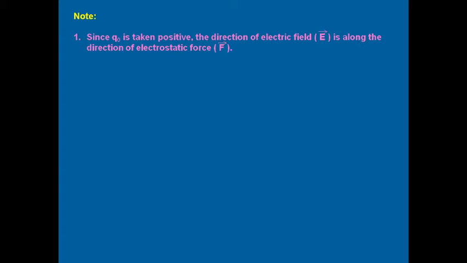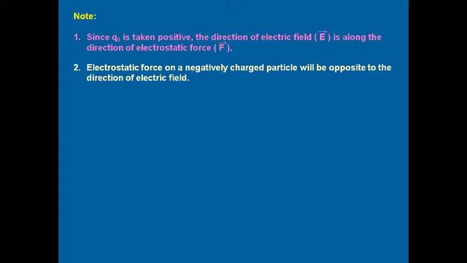Now there are certain points we have to note. First point, since Q naught is taken positive, the direction of the electric field is always along the direction of the electrostatic force. Second point, the electrostatic force on a negatively charged particle will be opposite to the direction of the electric field.